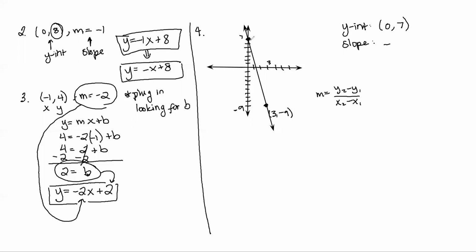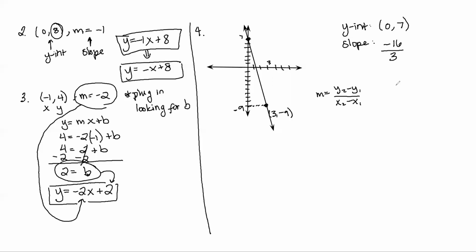So going down, we go down 7 and 9 more. So 7 and 9 gives us 16. So we have to go down 16, so negative 16, and then to the right from 0 to 3, so 3. And so our slope is negative 16/3, kind of ugly, but we have our slope, we have our y-intercept.